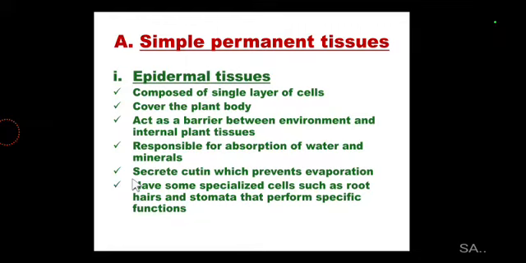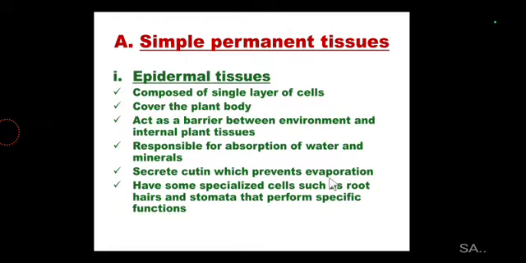These epidermal tissues secrete cutin, a fatty or waxy substance which forms a layer termed the cuticle, and this prevents evaporation from the structure where it's found, whether the leaf or the young stem. So they are giving them a sort of protection by preventing water loss from them.